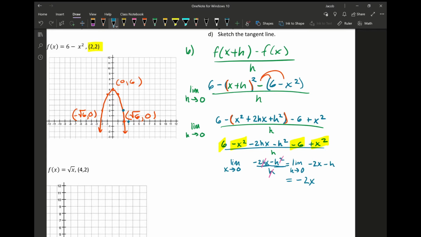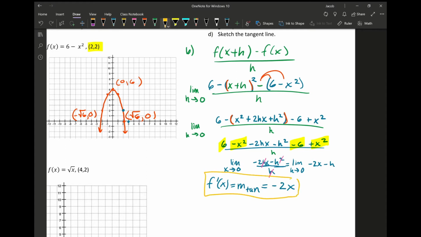If we are representing the slope of the tangent line, then we would say that the slope of the tangent line is negative 2x for this function.